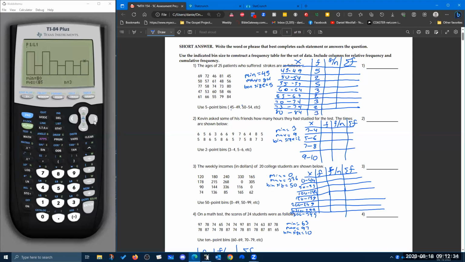If I add up all of these values, 7, 12, 15, 17, 20, 22, 25, I get my n value of 25 that's here.